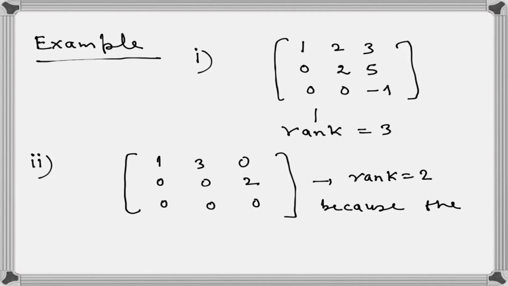So we use elementary row operations to reduce the matrix into echelon form to calculate the rank of a matrix. We are done with the necessary background on the system of linear equations. Now we'll solve some examples based on these concepts.